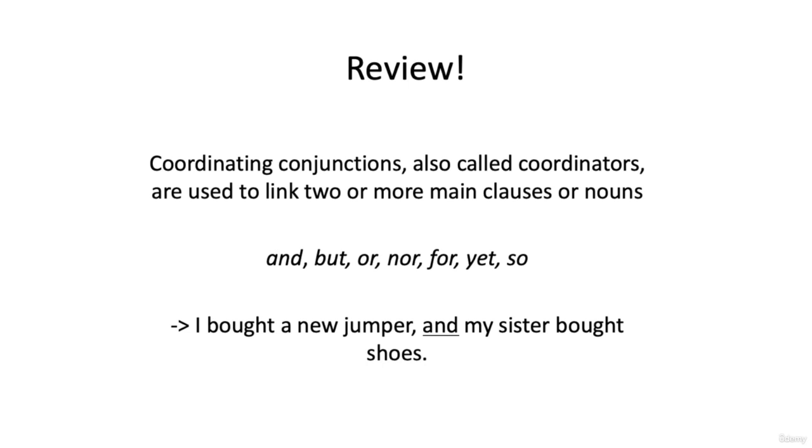For example, I bought a new jumper, and my sister bought shoes. Both these clauses are independent as they have a subject, I and my sister, and have a verb, I bought, my sister bought.